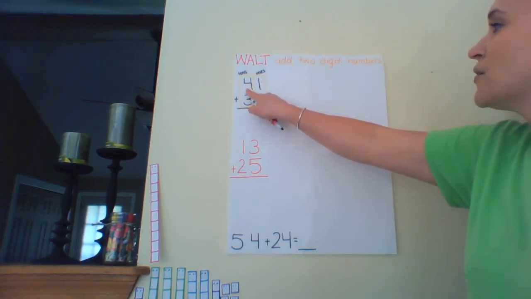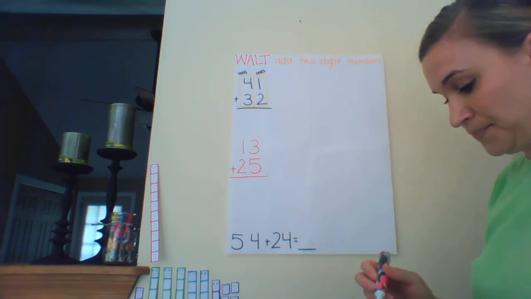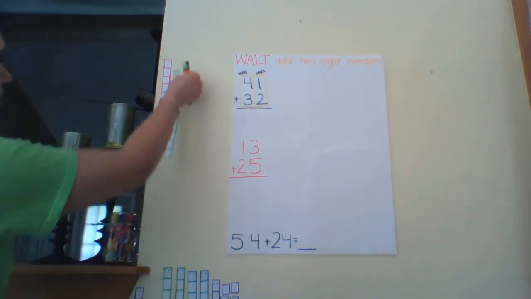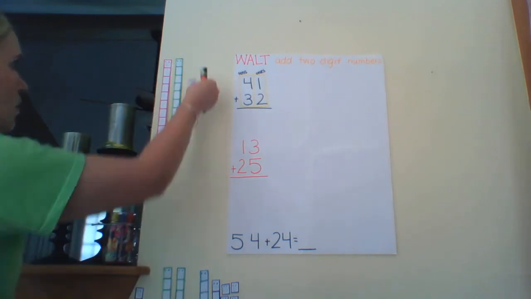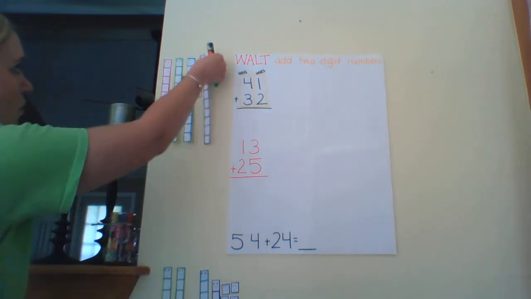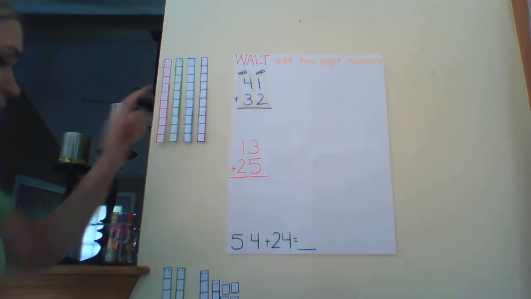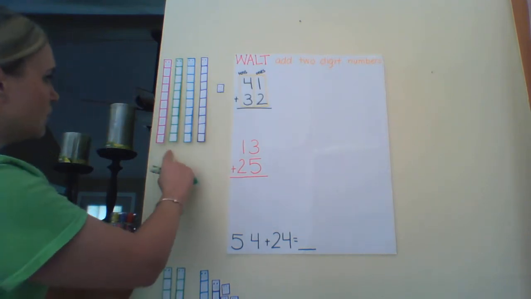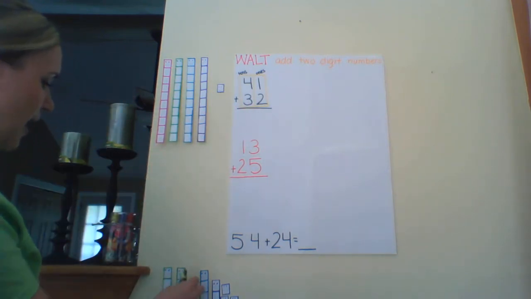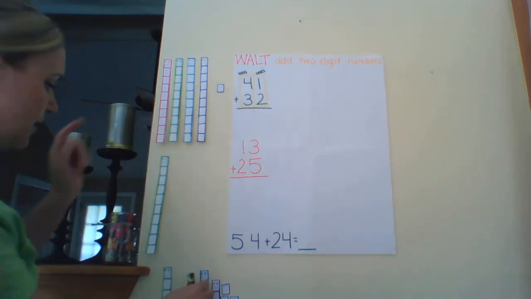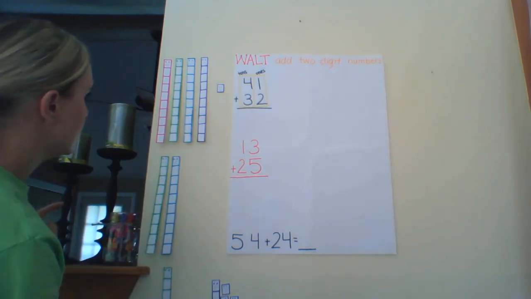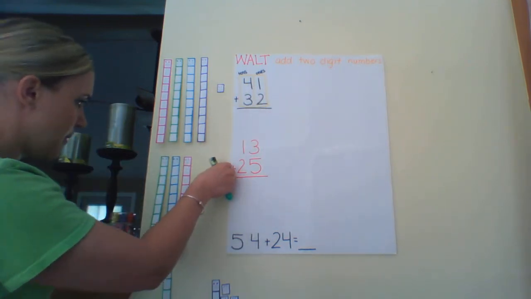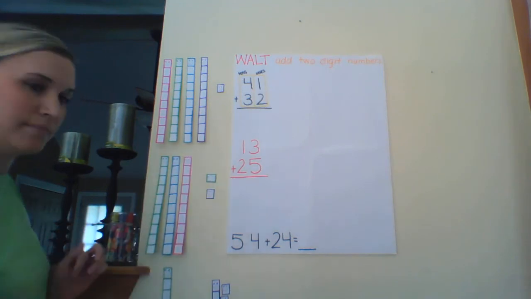So 41 has 4 tens, 1, 2, 3, 4 tens, and 1 one. 41. 32 has 3 tens and 2 ones.